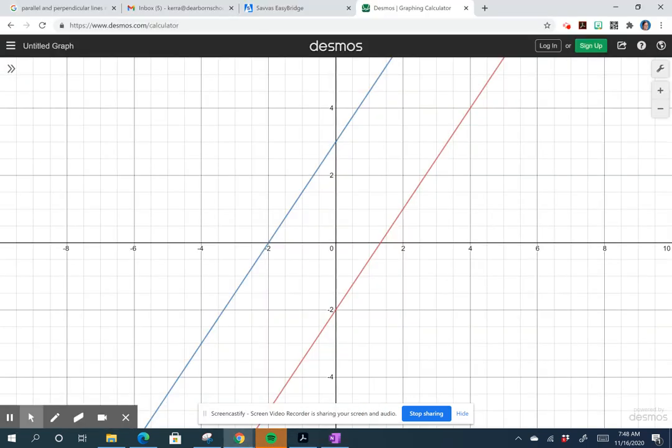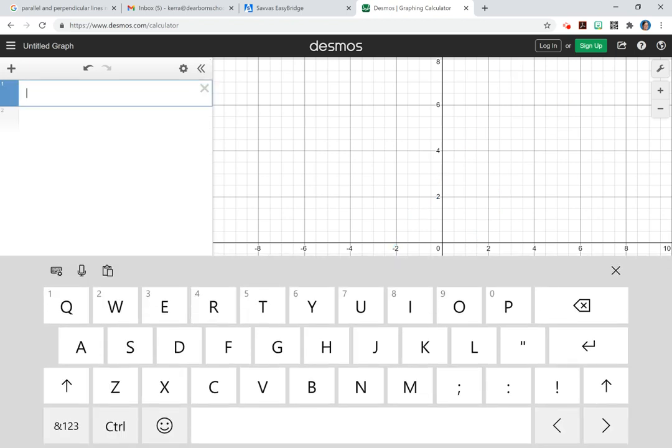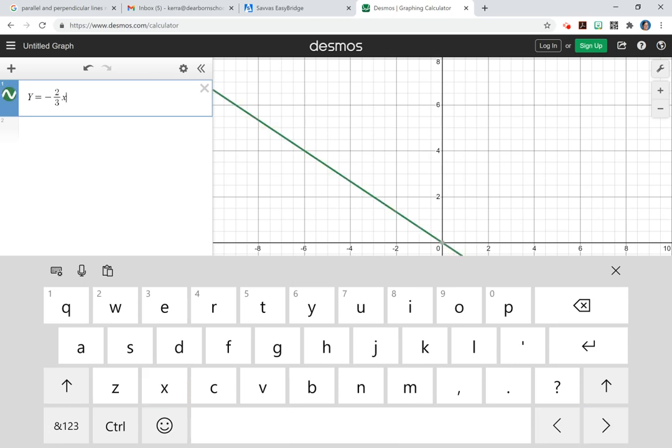You can confirm on Desmos. So just type in your equation. y equals negative 2/3 x. So that goes right through the origin.